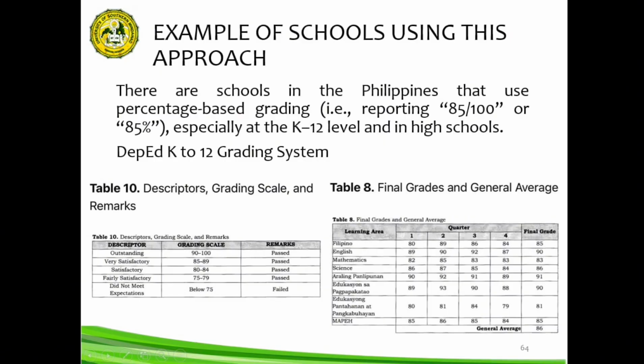Here are some examples na nakalagay dito. May mga descriptions, yung grading scales, as yung remark if passed or failed. Ito nakalagay yung quarter. We usually experience this kind of grading system, so very familiar tayo about sa ganitong grading approach. So the advantages of this is that it is widely understood.